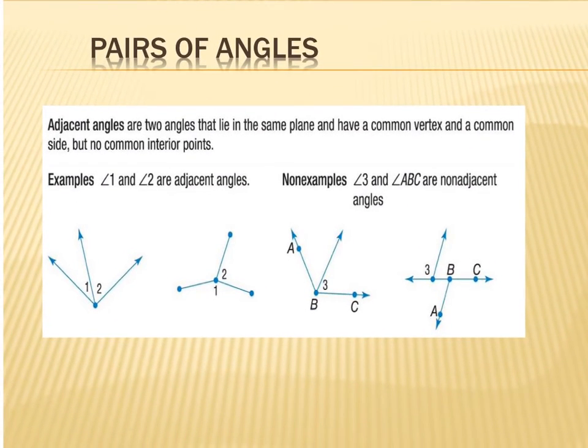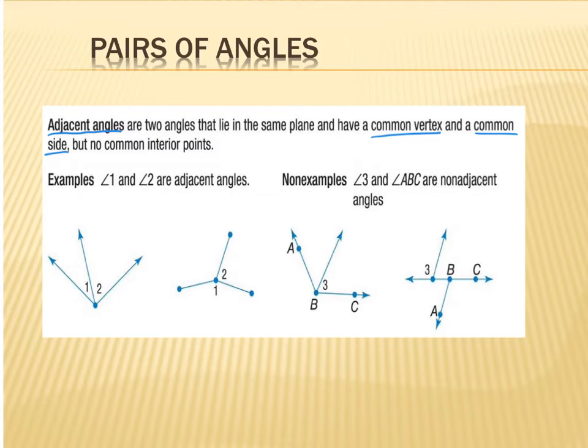Now, when two angles are touching, when they share a common side and when they share a common vertex, this is known as an adjacent angle. As we get into the more complicated pictures, there will be several angles going on. The angles that share a common vertex and a common side are adjacent.